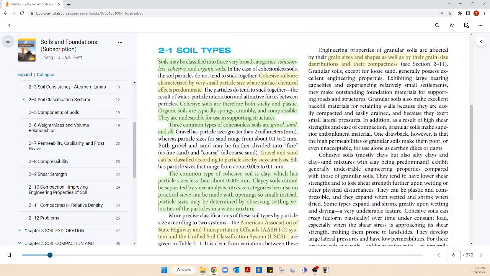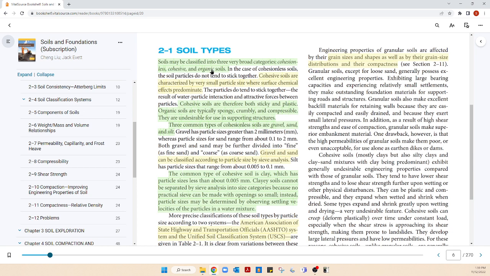Here we go again. So I have highlighted some items that I want you to see to make sure that we're focusing in on cohesionless and cohesive. This is coarse grain stuff, cohesionless, and cohesive are your silts and clays.